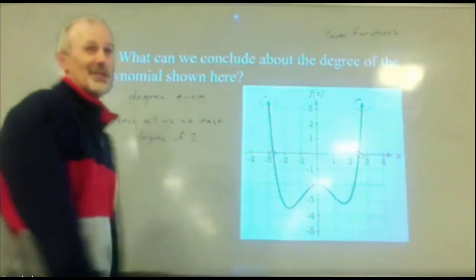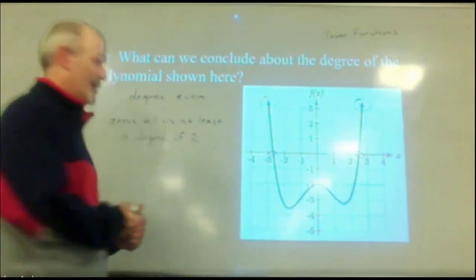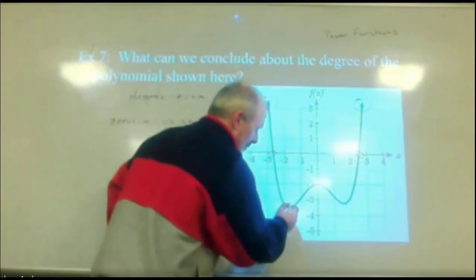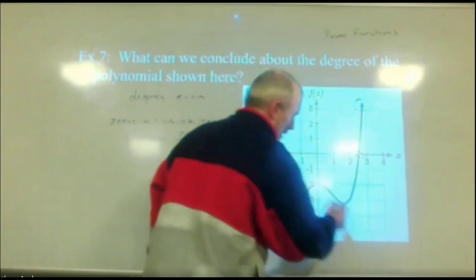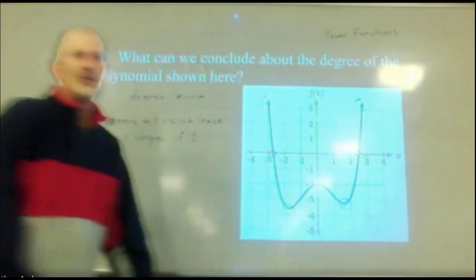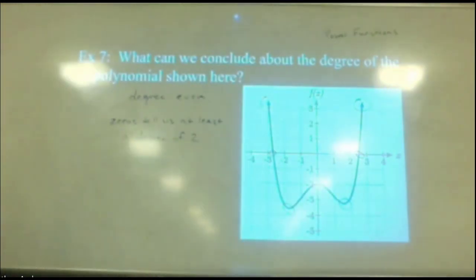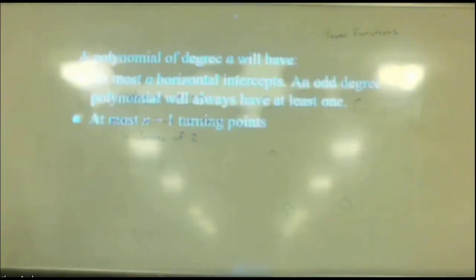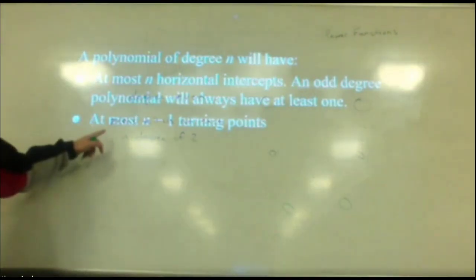But here's the one that tells us it actually has to be higher than that. How many turning points do we have? 3 turning points. And if there are 3 turning points, what do we know the degree has to be then? At least what? And of course, I wrote it in the way.